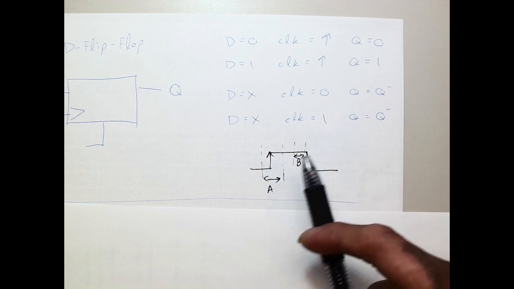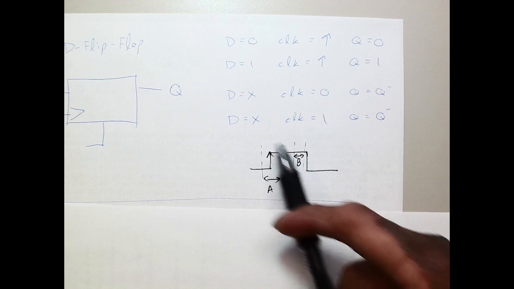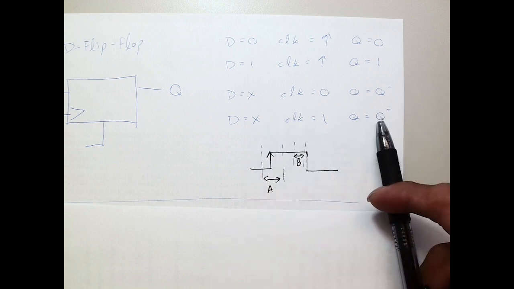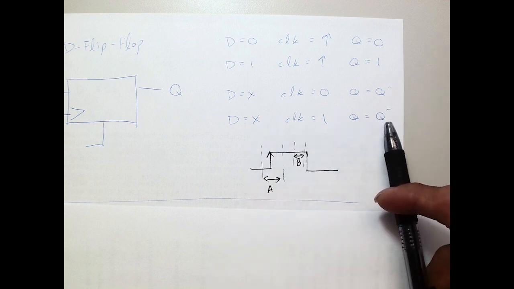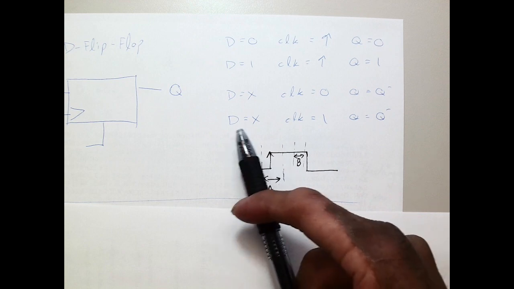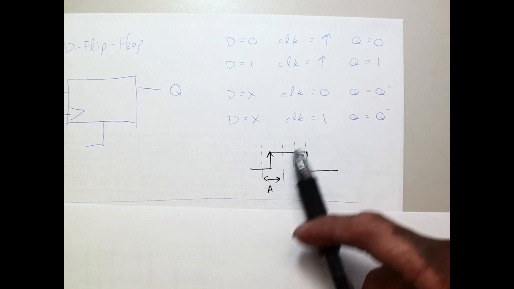But if the clock is 1 during case B, because it's not near the rising edge, the value of D does not get updated to Q. It remains the old value. But if the clock is 1 near the rising edge, then whatever the value of data was, D gets updated to Q. So it's a little tricky.